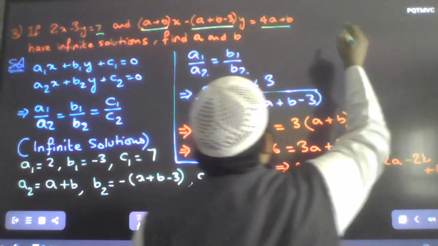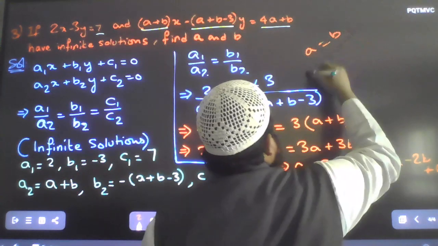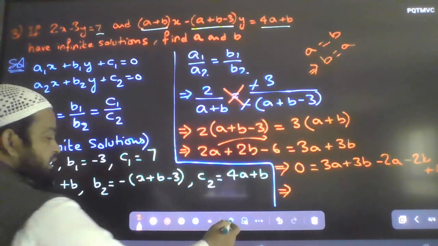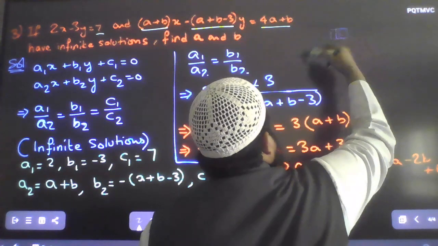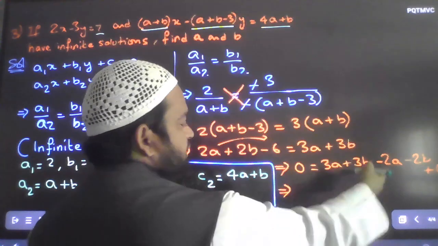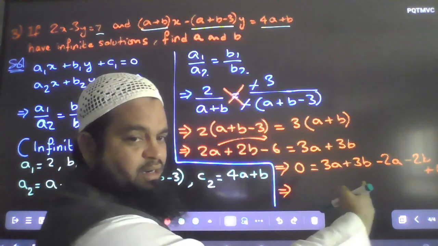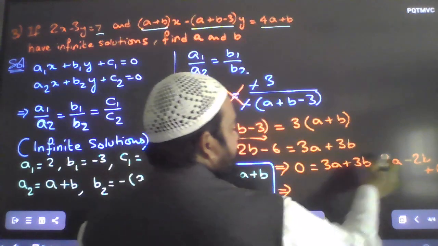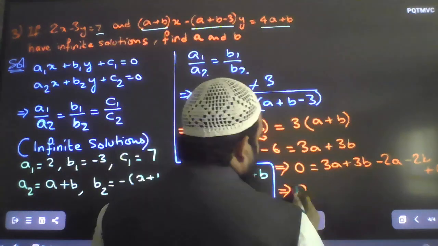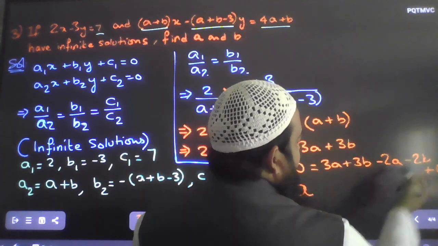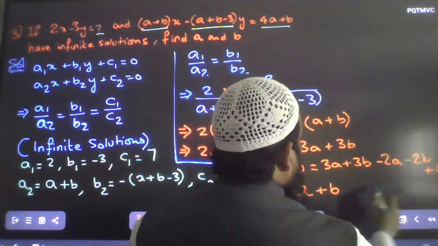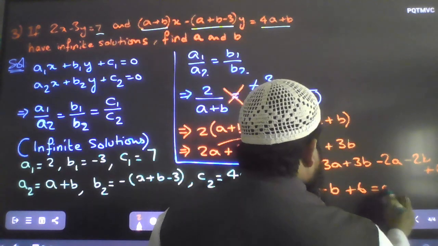Let me explain. If A is equal to B, can you write it as B is equal to A? Yes, we can write it. In the same way, since I am going to transpose 0 to the other side and whatever is on the right hand side to the left hand side, 3a minus 2a is a, and 3b minus 2b is plus b, and plus 6 is equal to 0.